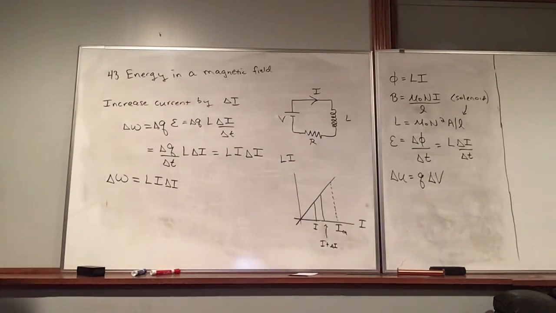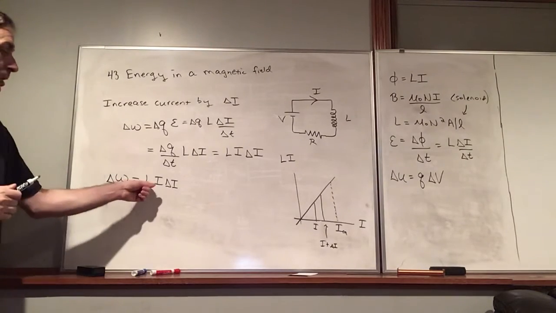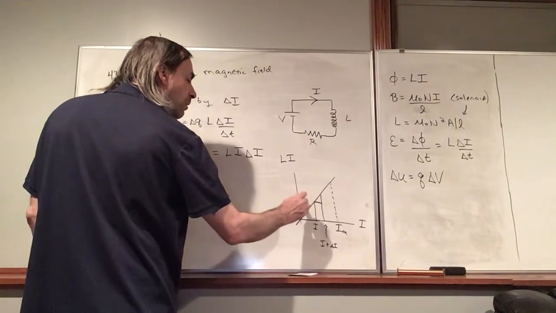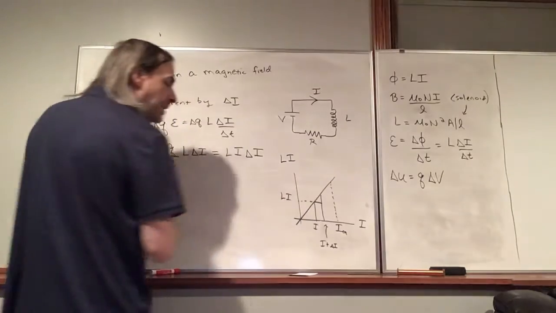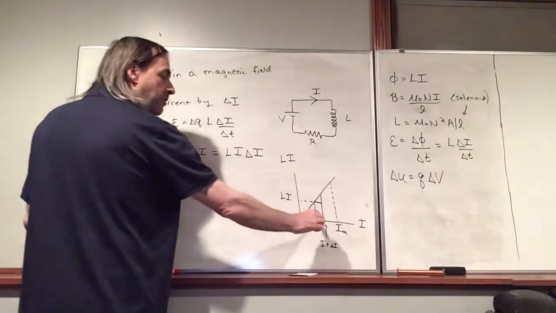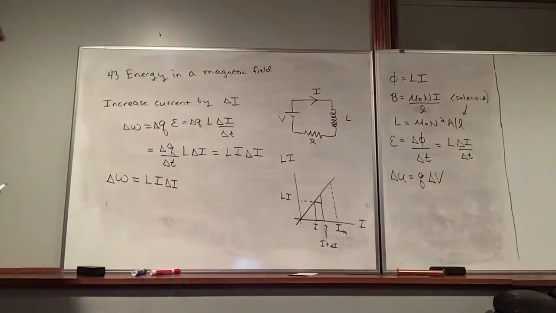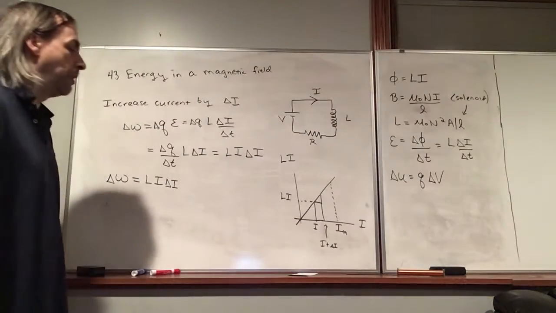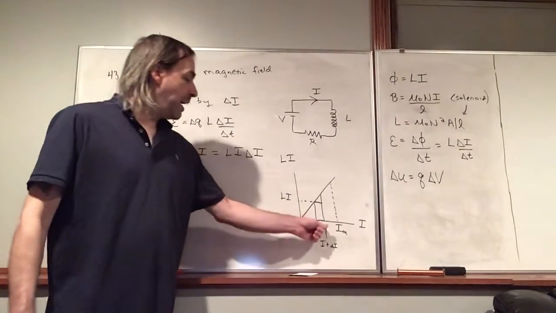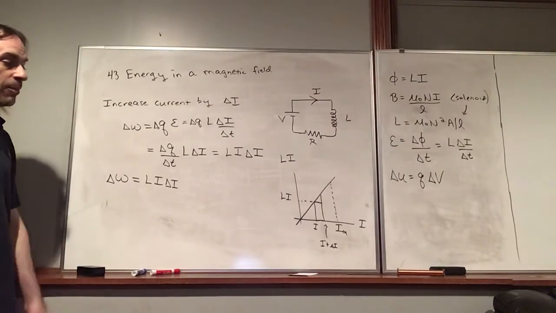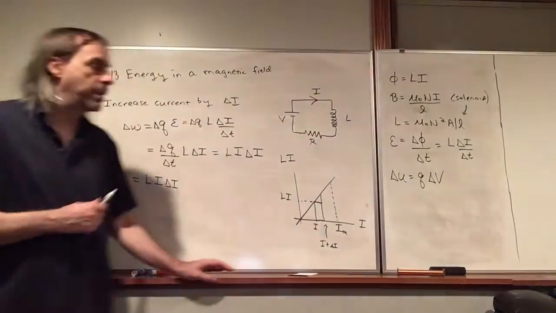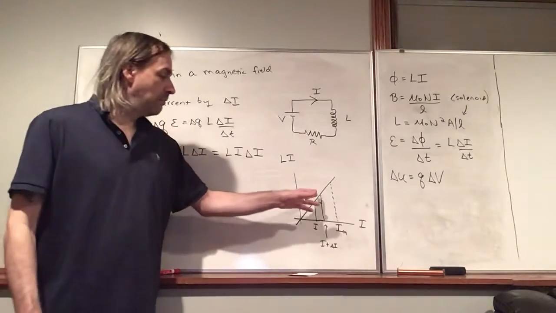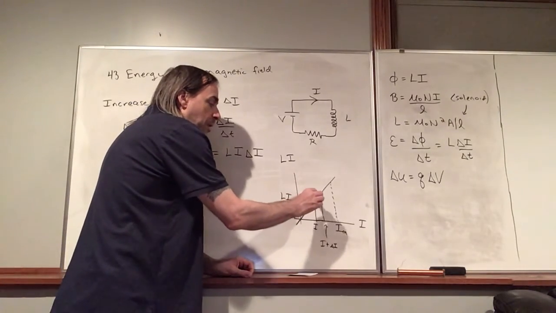So the amount of work is given by this equation here. So if this is I, then this level here is L I. And the thickness of this rectangle is delta I. We're going from I to I plus delta I. So that we have a rectangle here with a thickness delta I and a height L I. And so basically, if we ignore this little triangle here, the amount of work is just the area underneath this curve from here to here.